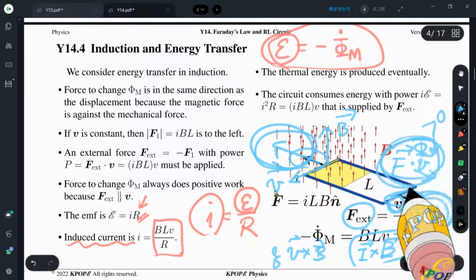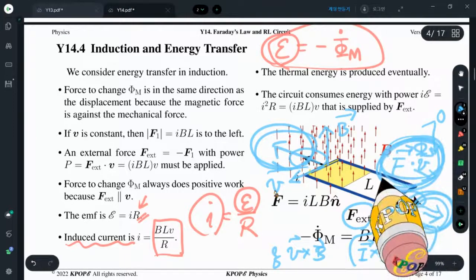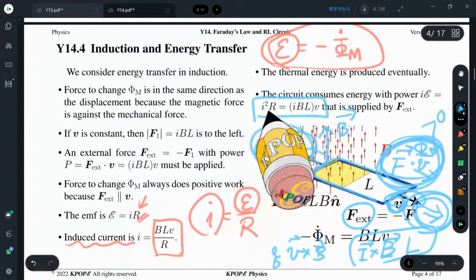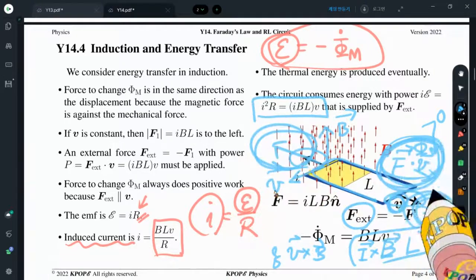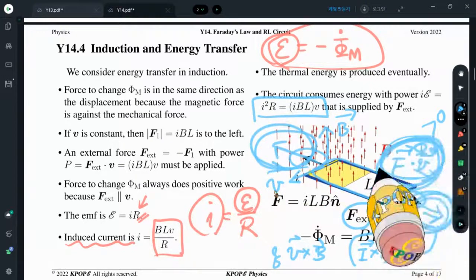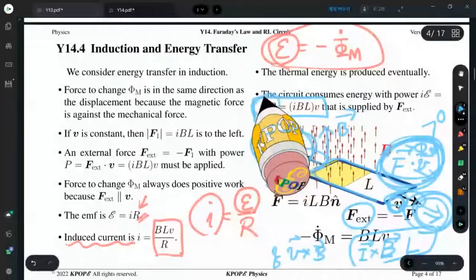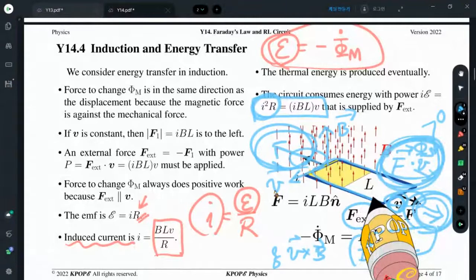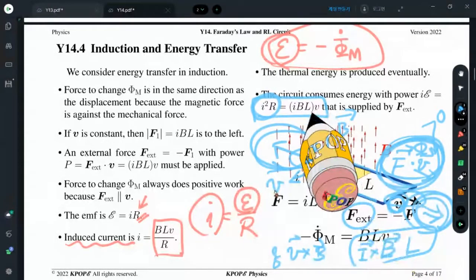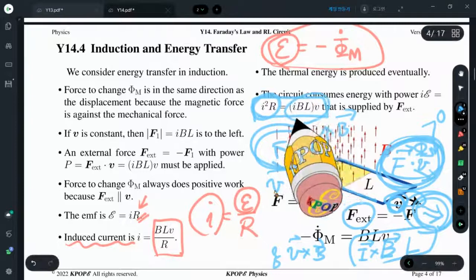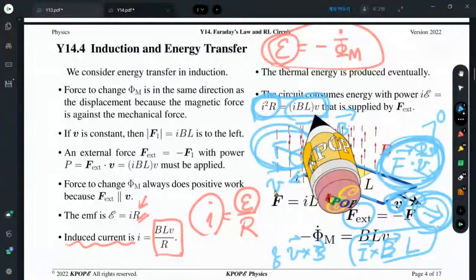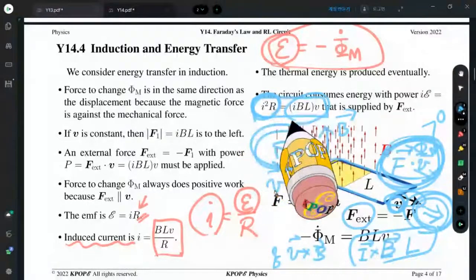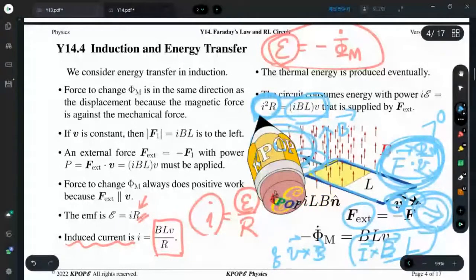The supplied mechanical work is lost as Joule heat, that is I squared R. So your energy supply is consumed by the resistor inside the loop, and the amount is identical to the mechanical work. So the supplied work is mechanical work, and that work is lost per unit time as Joule heat.